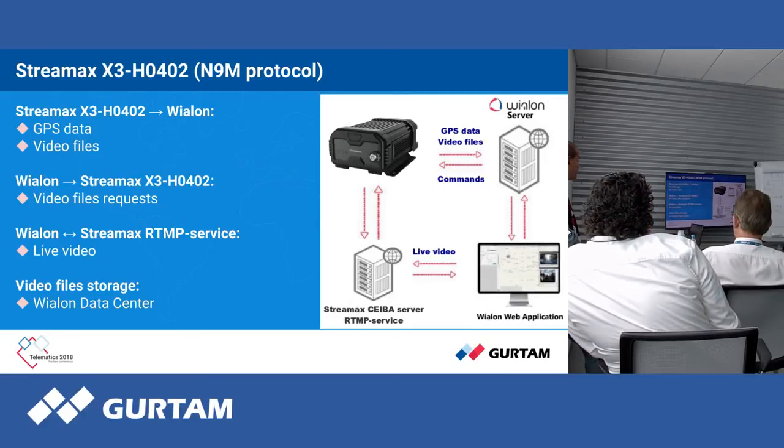So, as you already understand from this diagram, the following functions are available for Streamex devices in Wialon. First of all, it is requesting video files, and the next function is viewing live video. So, I suggest to test these functions. I think it will be much better.